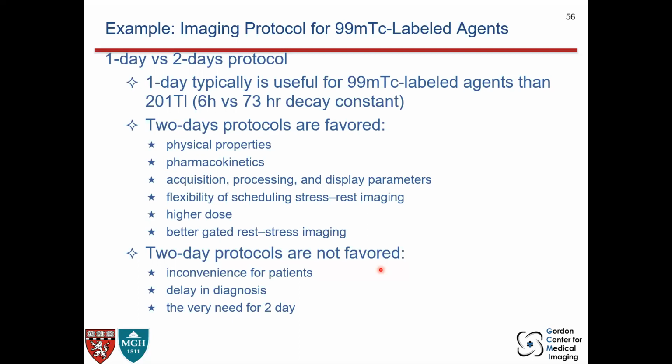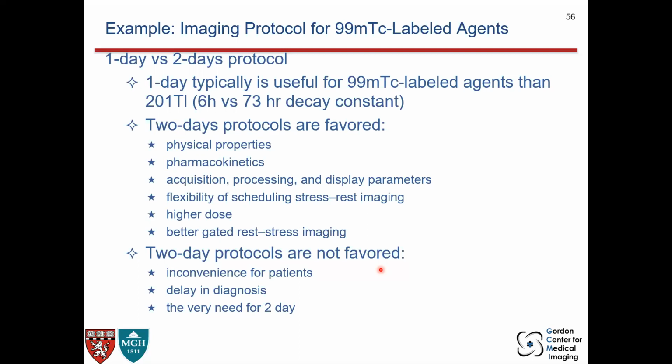But what is not favorable in 2-day is the inconvenience for the patients. Not every patient is living in the same city or town as the medical center, right? And there is an inconvenience factor that we have to take into account. The delay in the diagnosis.